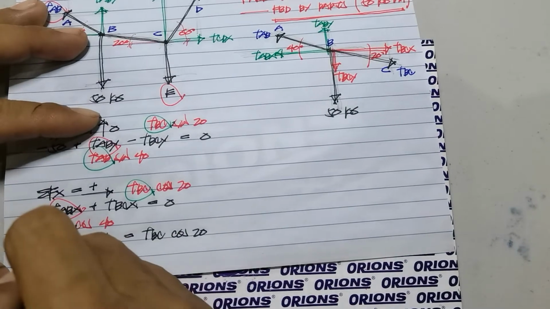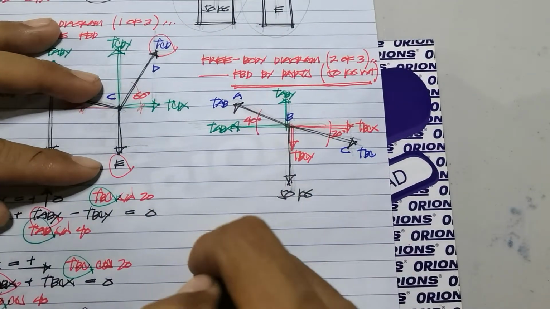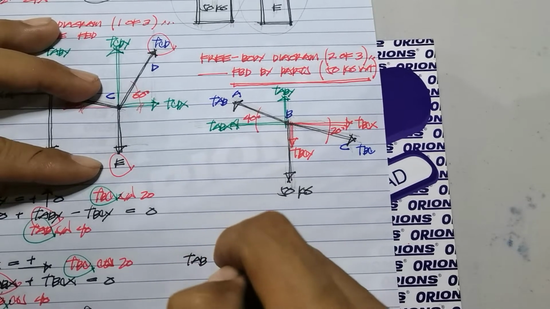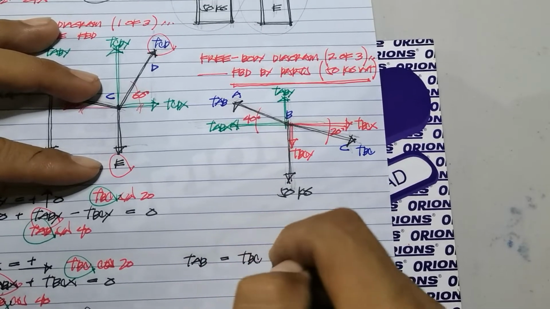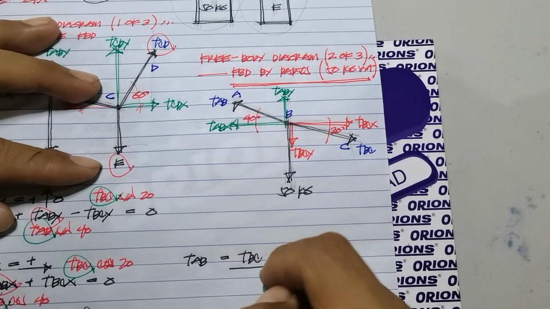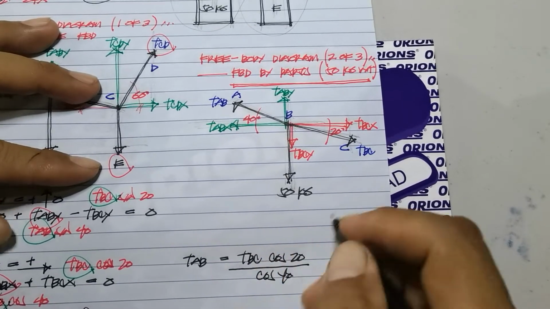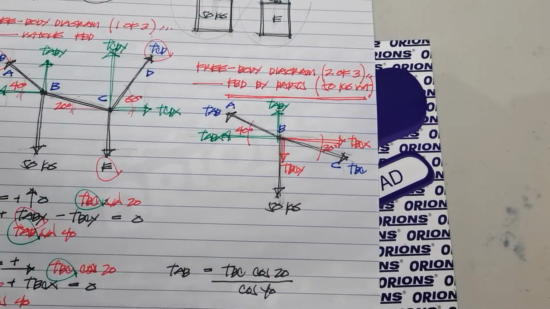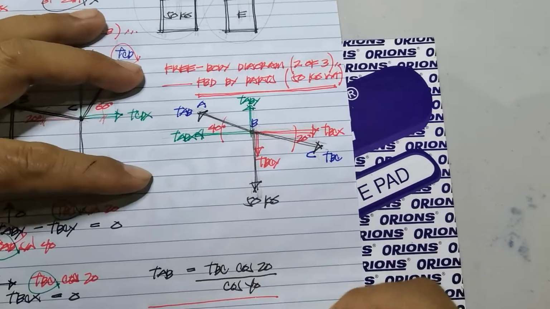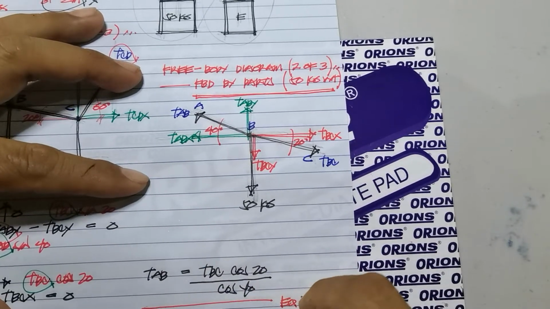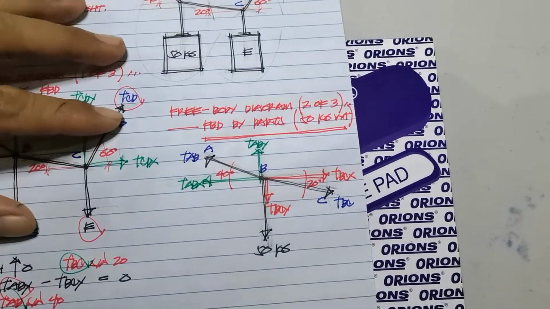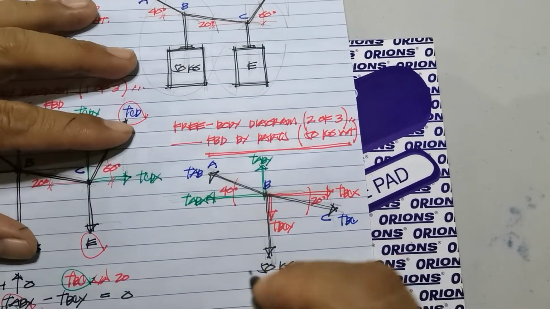So, gawa tayong equation in terms of what? In terms of TAB. So, TAB is equivalent to TBC cosine ng 20 all over cosine ng 40. So, itong part na to will actually serve as equation number 2. Whereas, ito namang isa kanina, simplify natin, no?